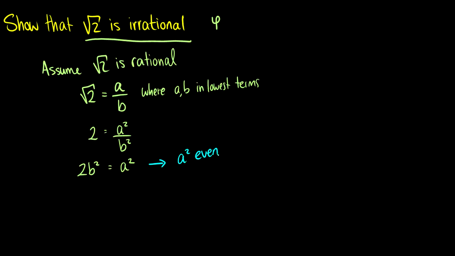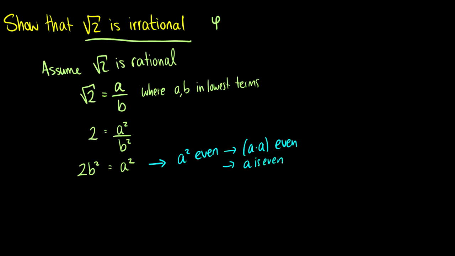And if a squared is even, how do we get an even number? It has to be either an even times an even or an odd times an even, but because this is the same thing as saying that a times a is even, the only way that a times a is going to be even is if a is even.